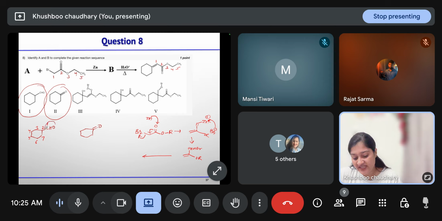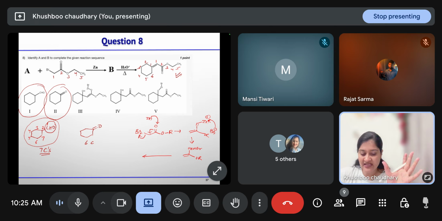If the reaction takes place at the aldehyde, in this case 6 carbons are there in the ring, but we will get one more extra carbon that is not there in this system. In this case, 6 carbon atoms are there; in this, 7 carbon atoms. And in your product, you will have 5 atoms coming from the side chain and 6 carbons from the ring. So that means it should be the ketone, not the aldehyde, that will react.